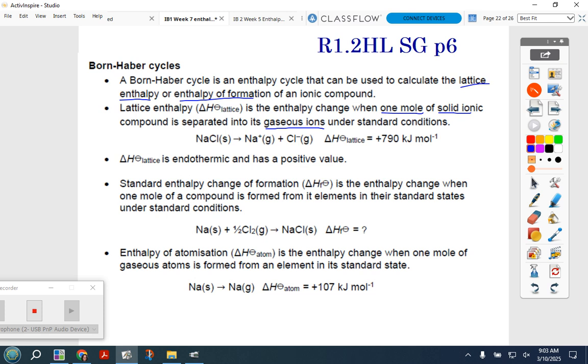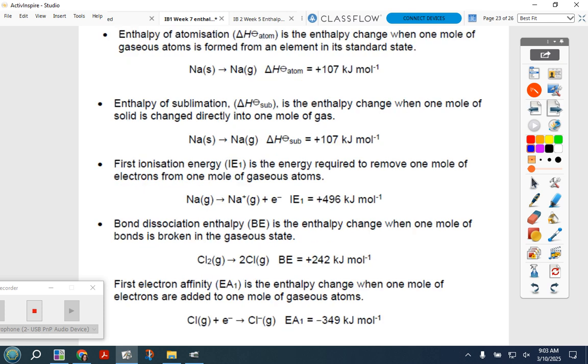Okay, now you'll see that there's this enthalpy of atomization, and then there's also this thing called enthalpy of sublimation. And they're exactly the same in this case for sodium. There is a slight difference here. So this is element in the standard state. This is solid state. Okay, so the standard state may not be a solid in some cases.